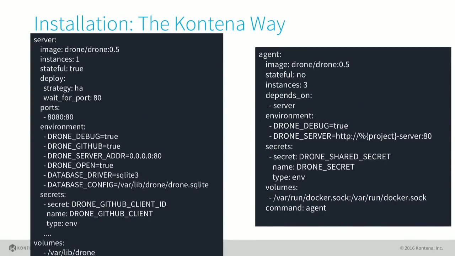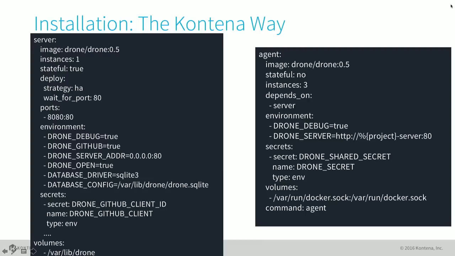The Kontena way of installing it is to define the drone services in a Kontena YAML definition. As you can see in the example, and I'm going to demonstrate how to do it live, the Kontena YAML configuration is almost one-to-one with the Docker Compose YAML definition.